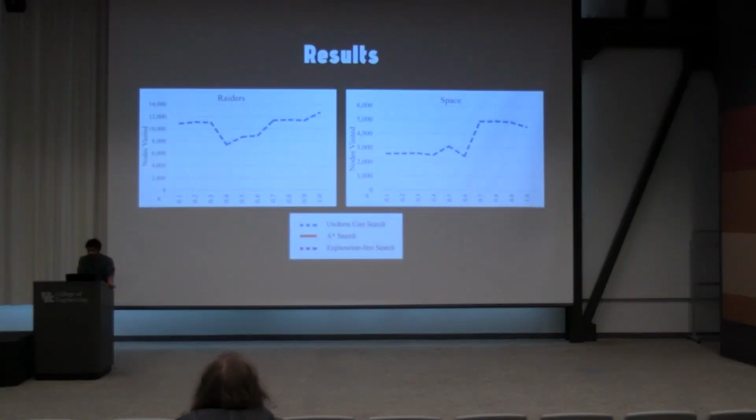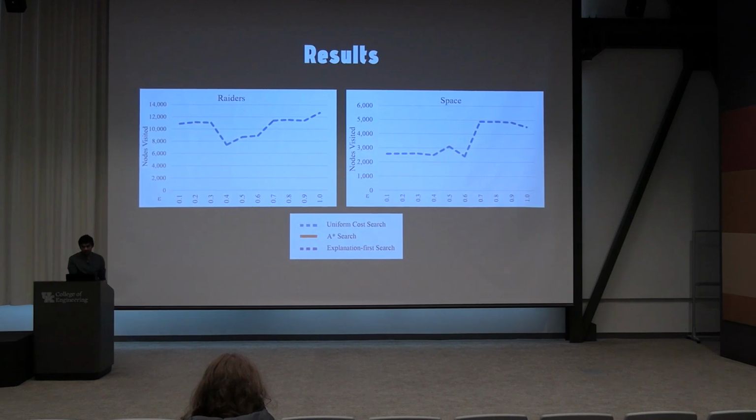So I'm showing a few interesting results that we got. Here, the y-axis is the number of nodes visited, so fewer is better. In uniform cost search, you can see that for the space problem, fewer epsilon values worked better, and for radars, the 0.4 value worked the best.